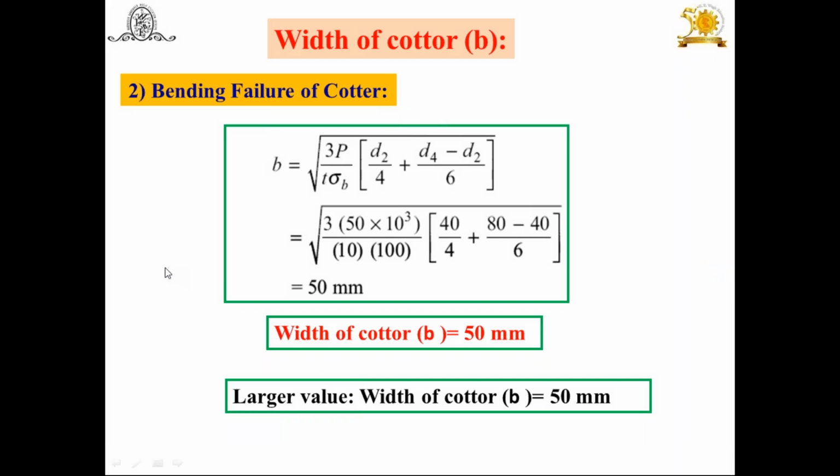And in this way, we have determined all the dimensions. Now you have the end rod dimensions of the spigot and socket, the outer diameter of the spigot, the outer diameter of the socket, the collar dimension by using the empirical relation, and the thickness of the quarter. Now by using this equation, you have the width of the quarter also.